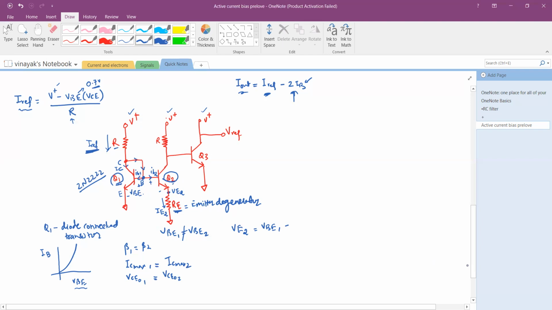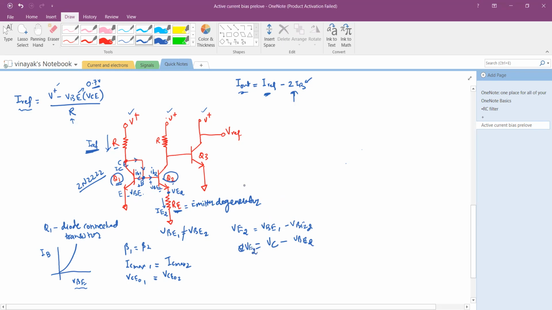Am I right here? Just a moment. Right, so VE2 equals VB1 minus the drop here, VBE2. Yeah, so that's your VE2. It's also equal to the voltage at the collector minus VBE2. That's how you get the value of VE2 right here.